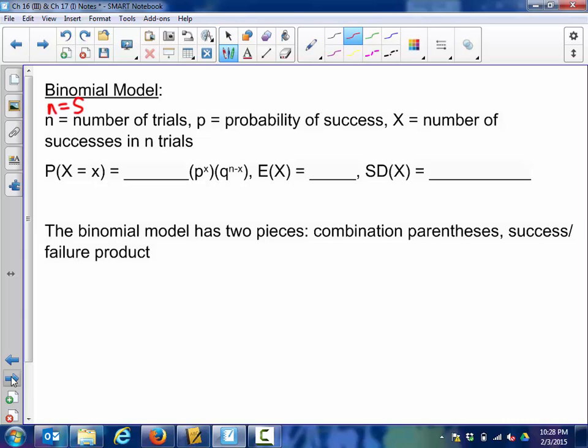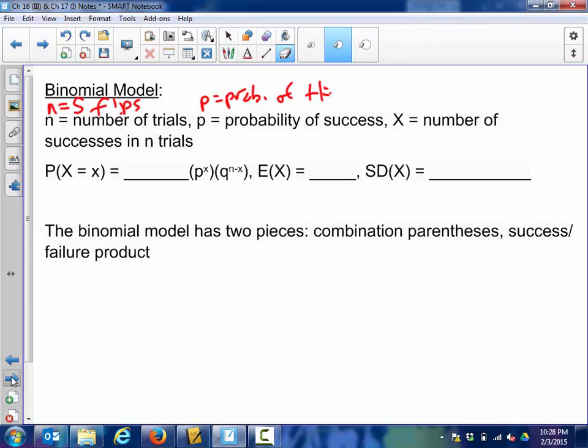So if n is equal to 5 flips, let's look at this in an example. 5 flips. And P is the probability of a head on a coin flip, which we know is equal to 0.5, okay?